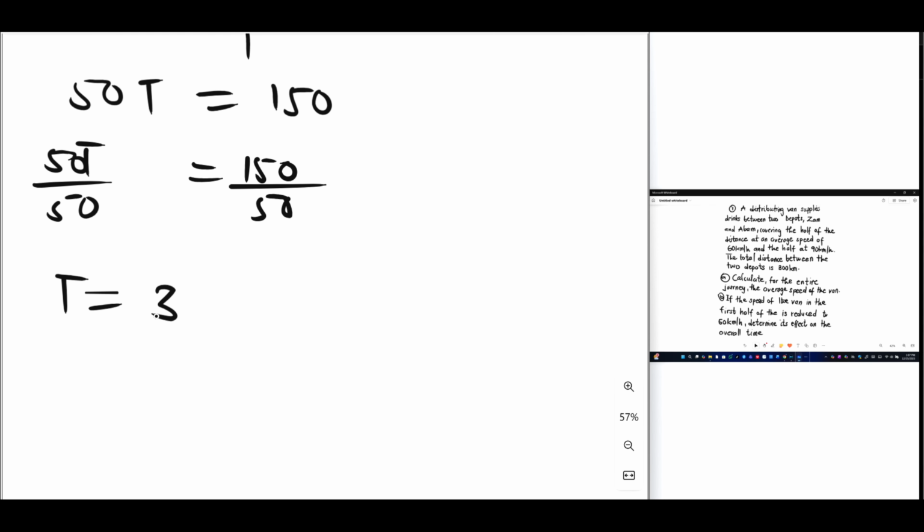All right, so let us look at what has happened here. First, when the speed was 60 kilometers per hour, the time taken, that was T1, was 2.5 hours. But now that the speed has been reduced to 50 kilometers per hour, the time taken now is 3 hours.